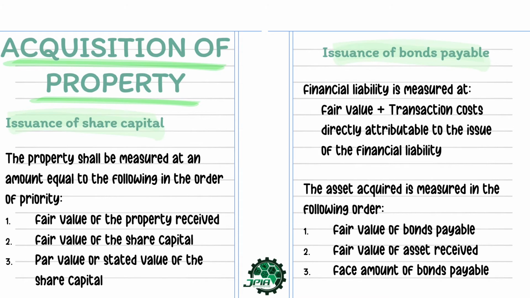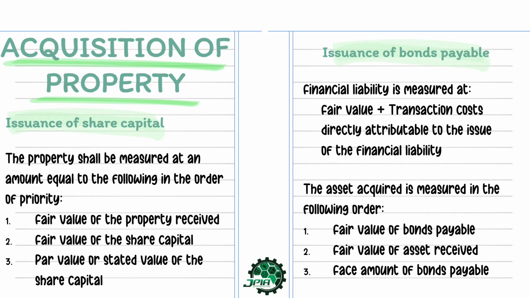Then, issuance of bonds payable. For bonds payable, like in debt instruments, a financial liability is measured at fair value plus directly attributable transaction costs. So, if you acquired the property using bonds payable, okay, it should be measured at the value of the bonds payable.